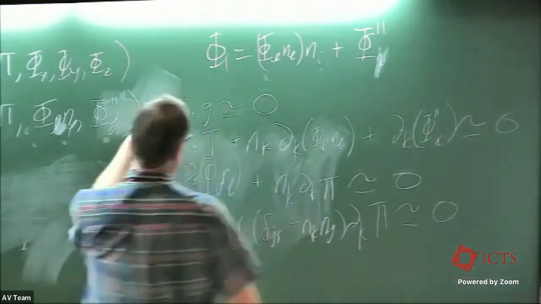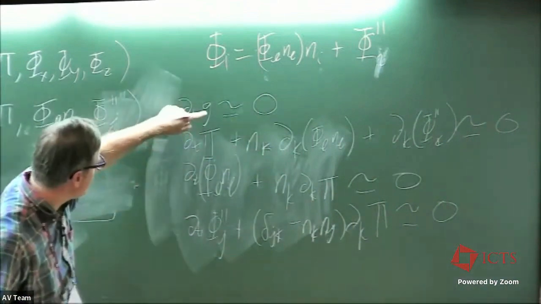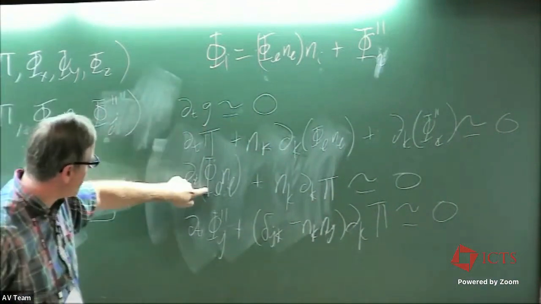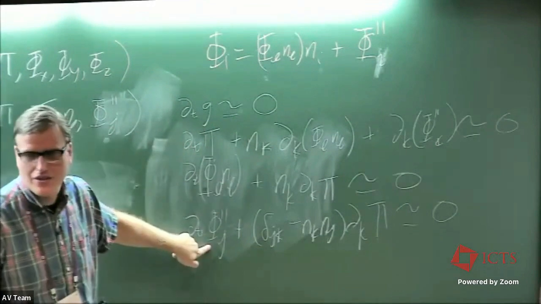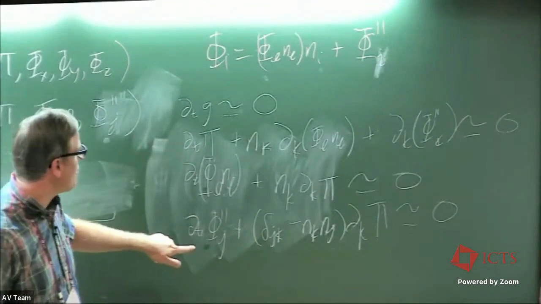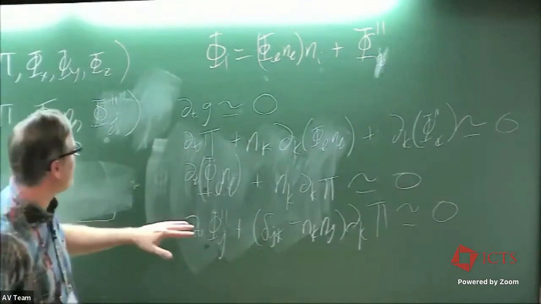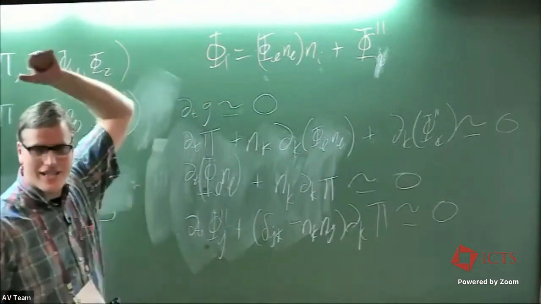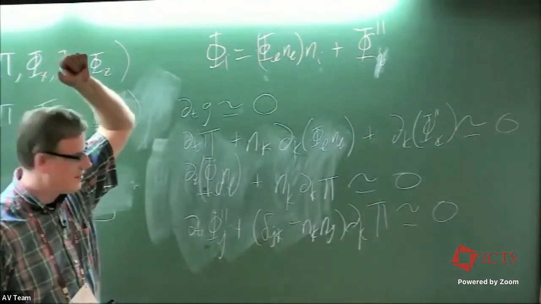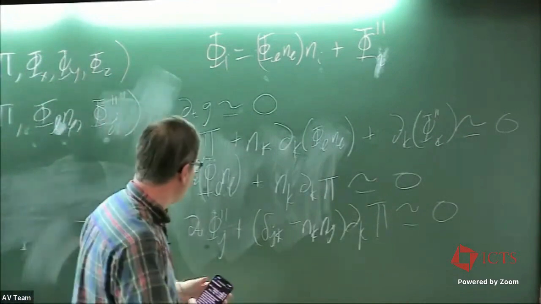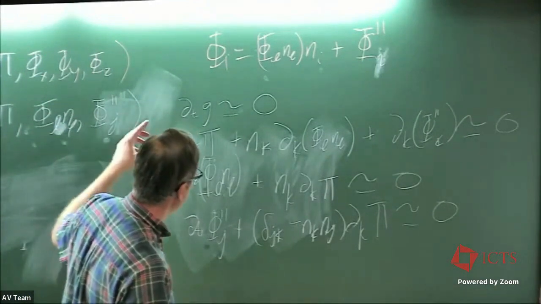So if you look at this, now there's an evolution equation for g, for pi, for the normal component of phi, and for the tangential components of phi. You get it, I'm not going to do it now, by taking this and plugging it into those equations over there. There's one little trickiness when you do that.